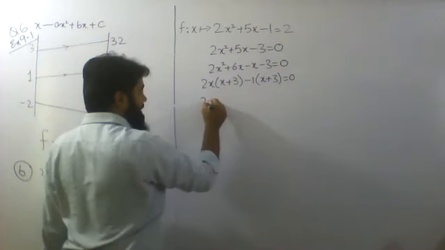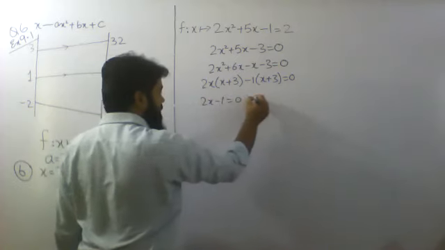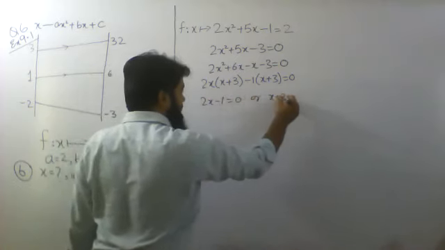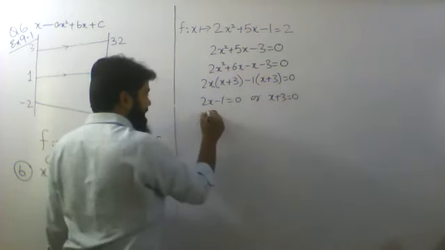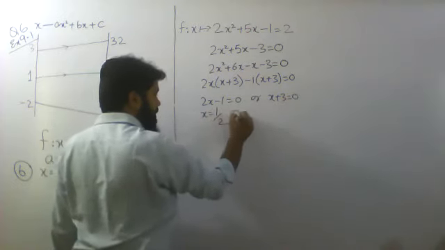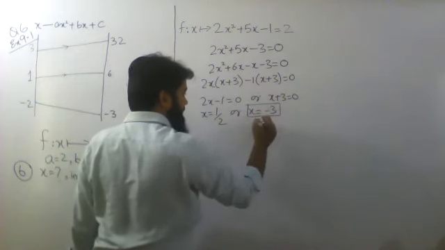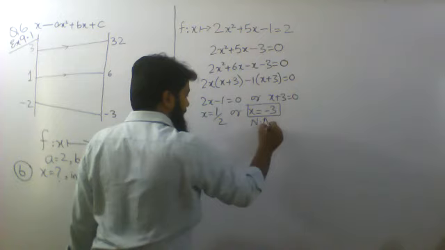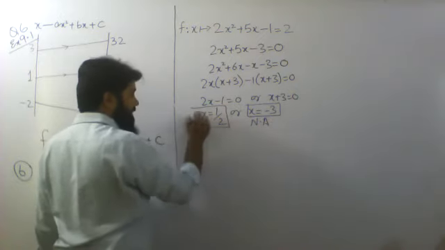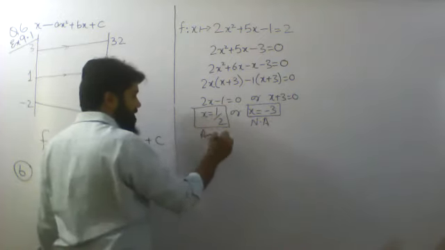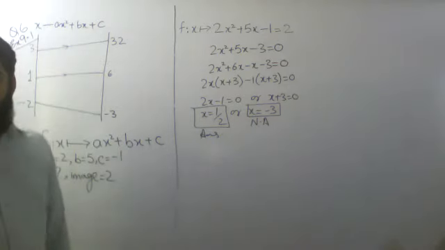It means either 2x minus 1 equals 0 or x plus 3 equals 0. So x equals 1 upon 2 or x equals minus 3. I don't need this one, not acceptable, and I need the positive value only. So this will be my final answer of B part.